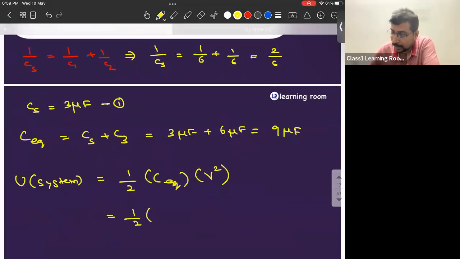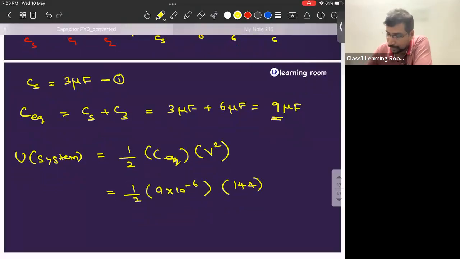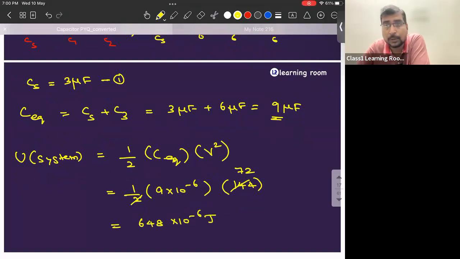So that is half into 9 into 10 power minus 6, because C equivalent is 9 microfarad, into V square, which is 144. So this will cancel to 72 times 9, and you get 648 into 10 power minus 6 joule, or 648 microjoule. So this is going to be the total energy that is appearing across the network.